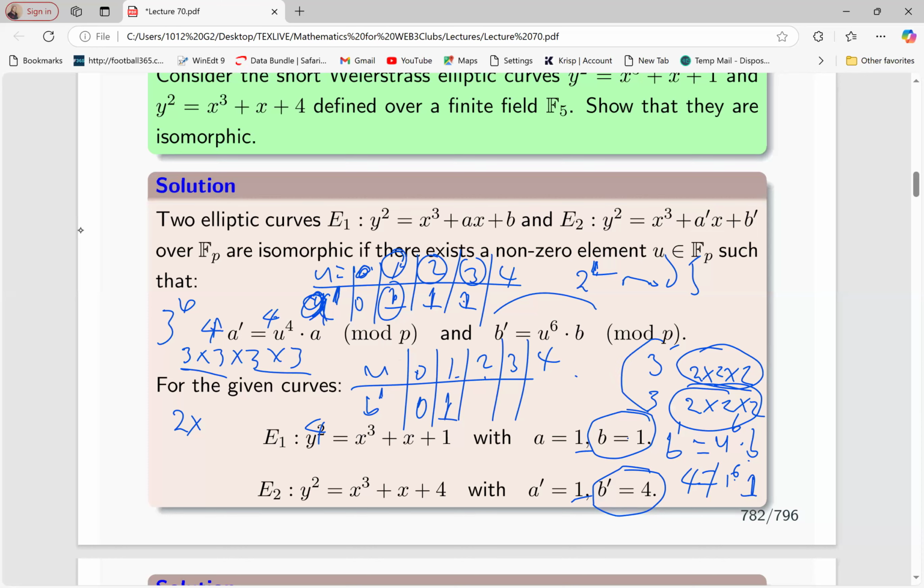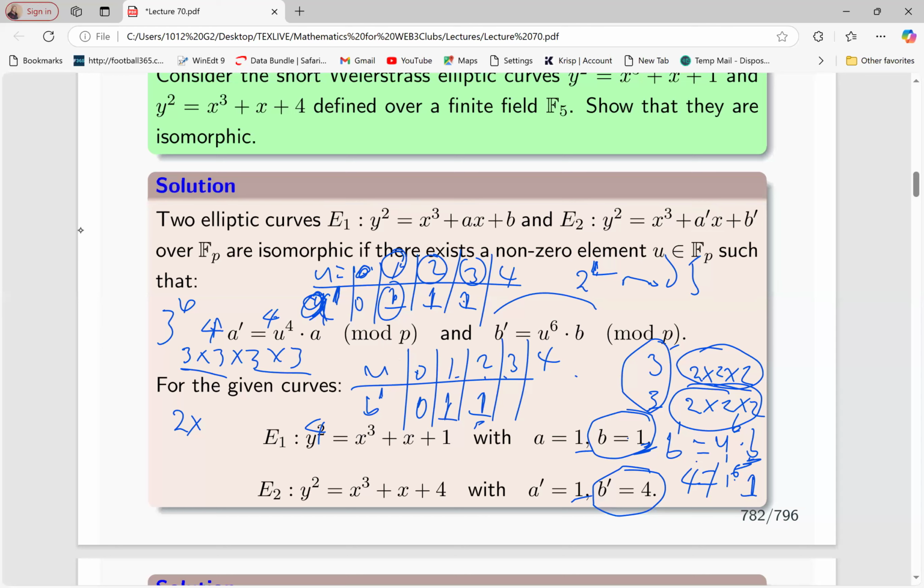Now, 3 times 3 would be 9, which is 4 mod 5. So u raised to 6 is 1. Then multiply by 1, that gives us 1.